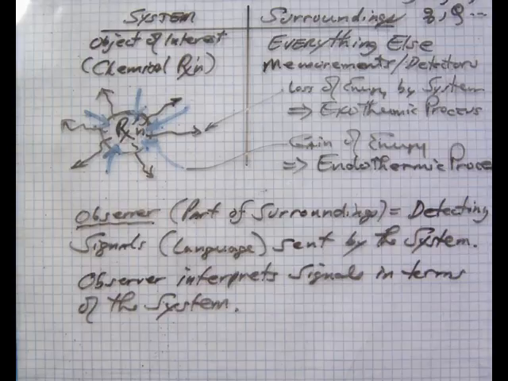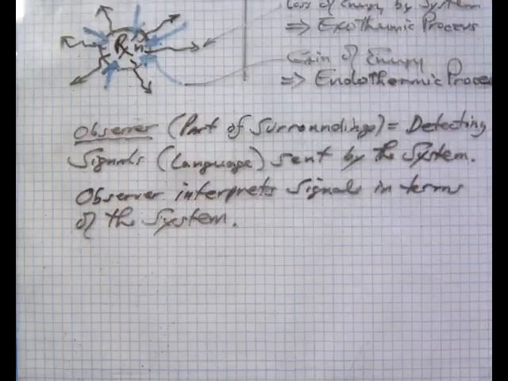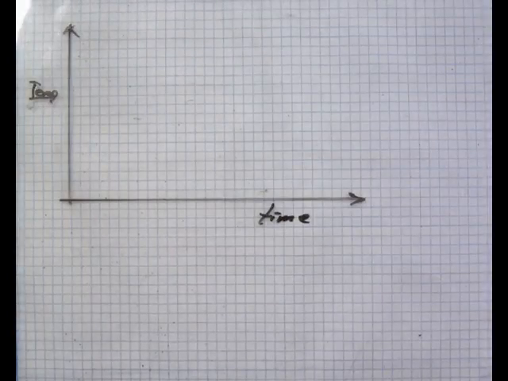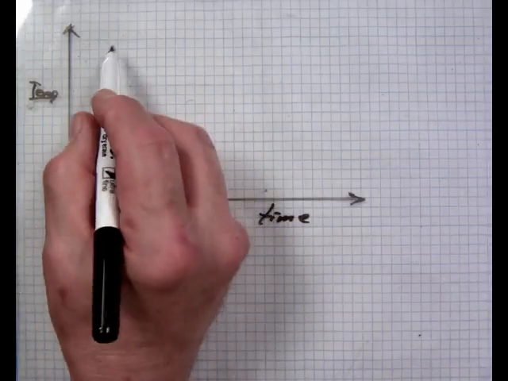So the first thing you have to do in thermodynamics is identify the difference between the system and the surroundings, because the data interpretation sometimes is opposite what the system is doing, implies something opposite.